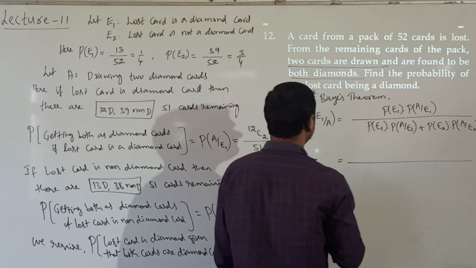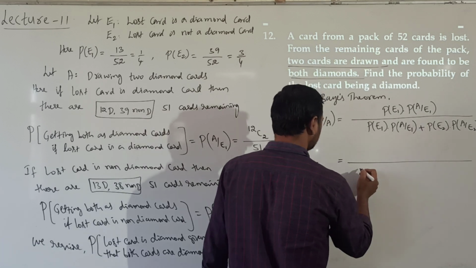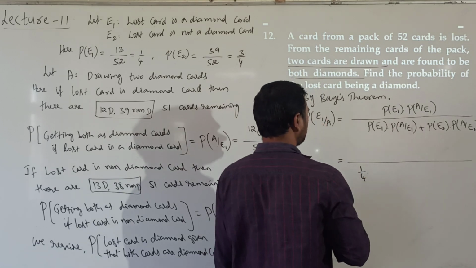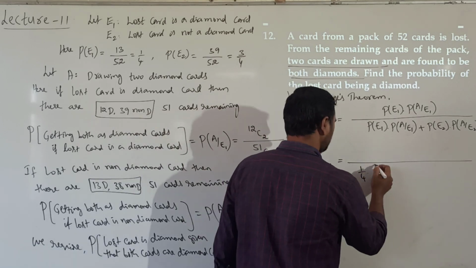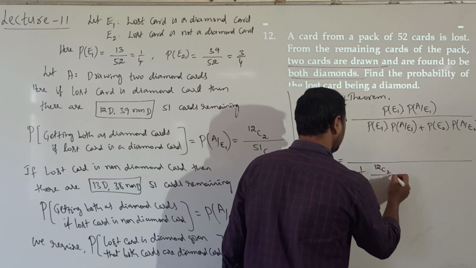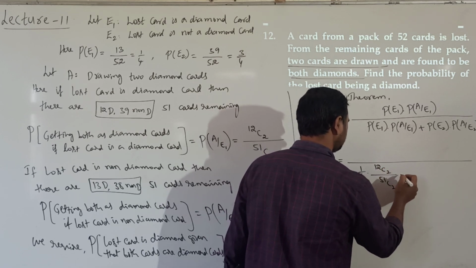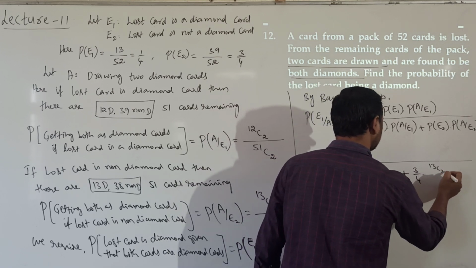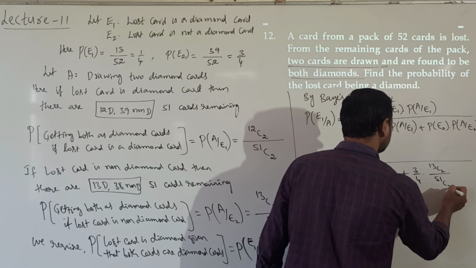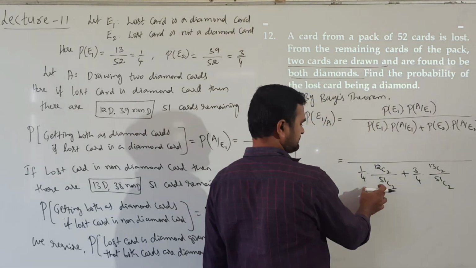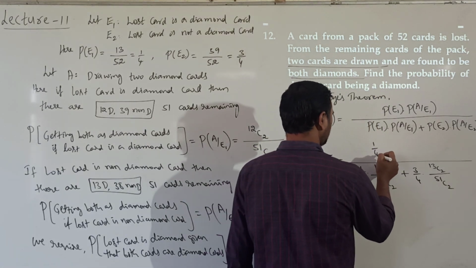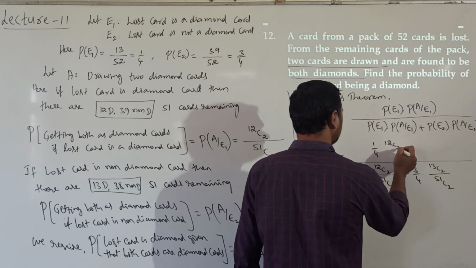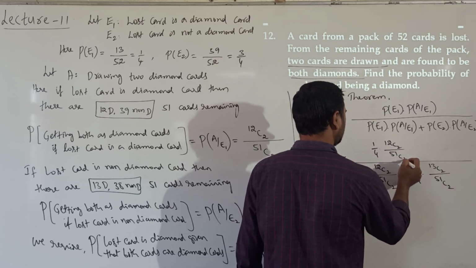So substitute this. P of E1 is 1 by 4 into P of A given E1, 12 C2 divided by 51 C2, plus 3 by 4 into 13 C2 divided by 51 C2. So we require first case numerator, 1 by 4 into 12 C2 divided by 51 C2.